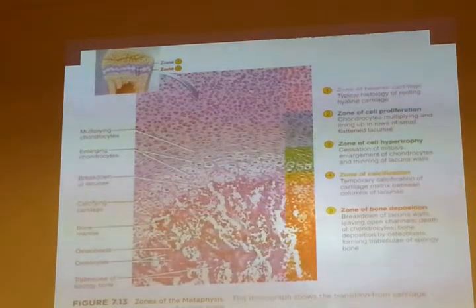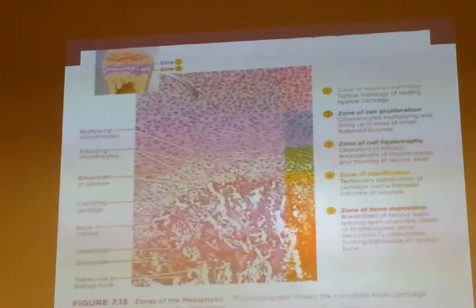The cells die, and then osteoblasts and osteoclasts will remodel it into the bone, the trabecular bone. So different zones are summarized over here on the side.